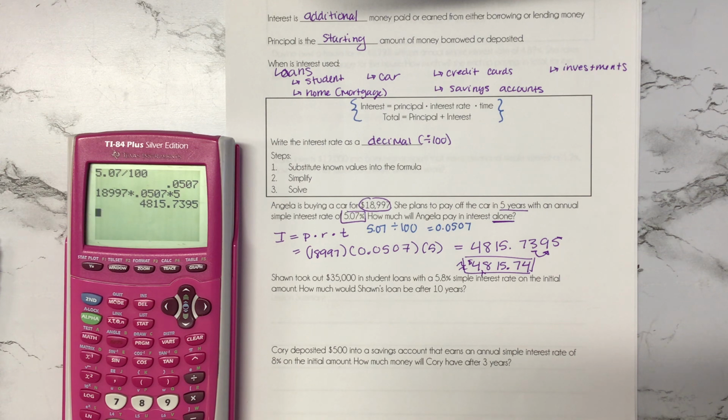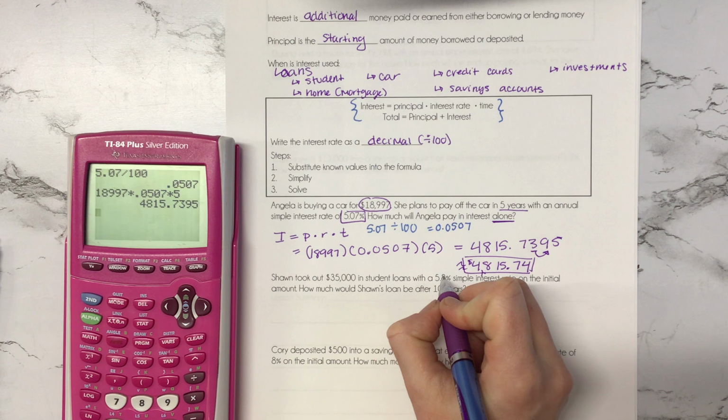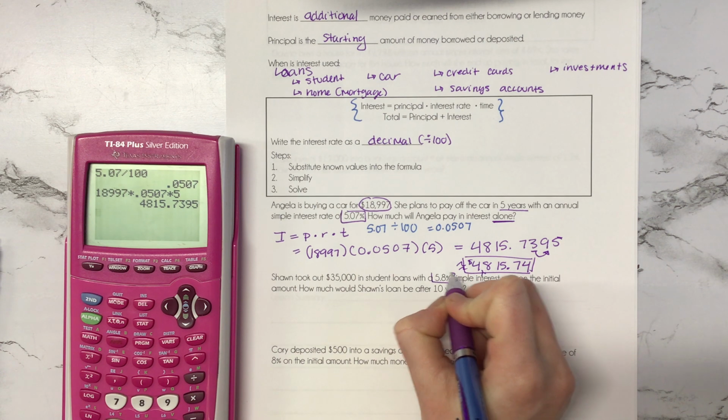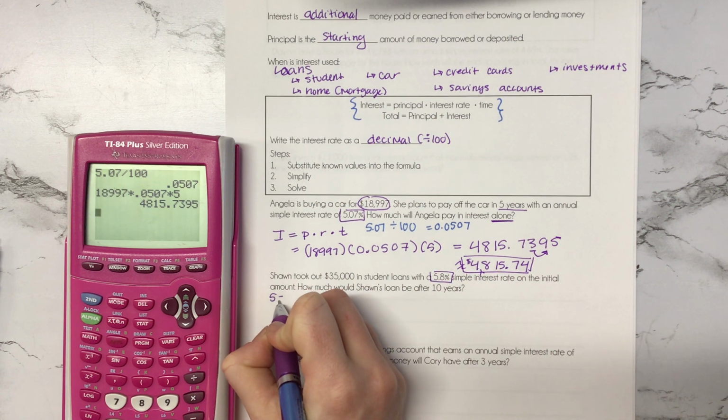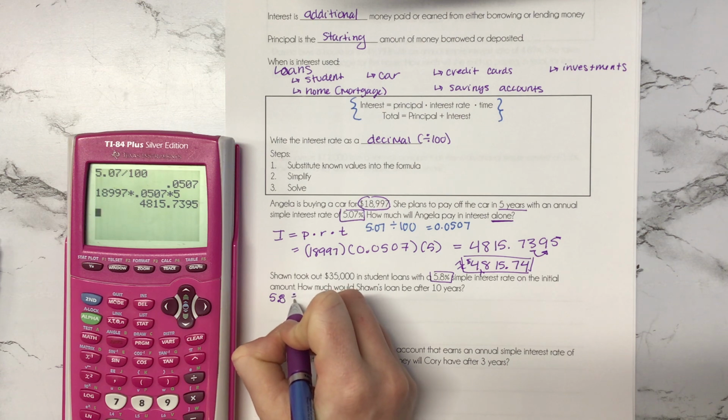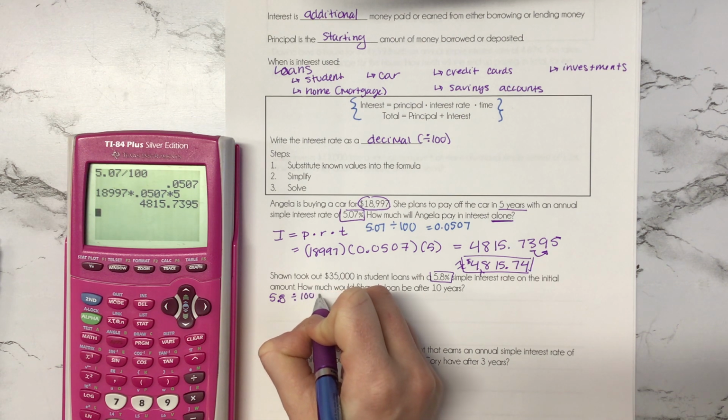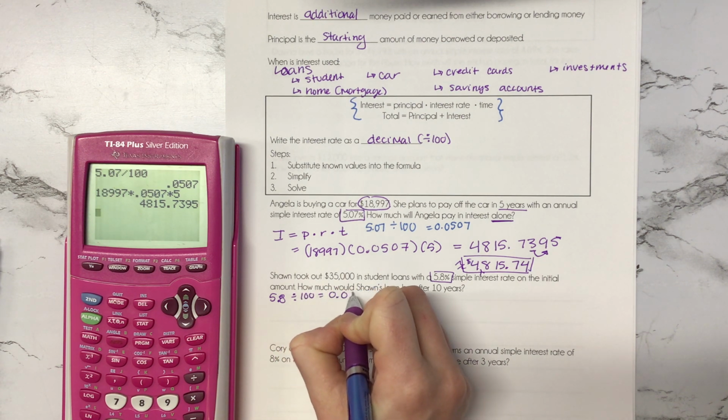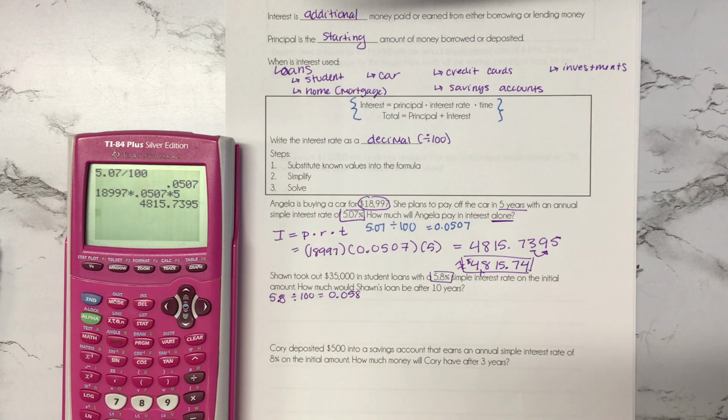Sean took out a loan for $35,000 in student loans with a 5.8% simple interest rate on the initial amount. How much would Sean's loan be after 10 years? Okay, so I have to take my interest rate, 5.8, and change it to decimal form by dividing by 100, 0.058.